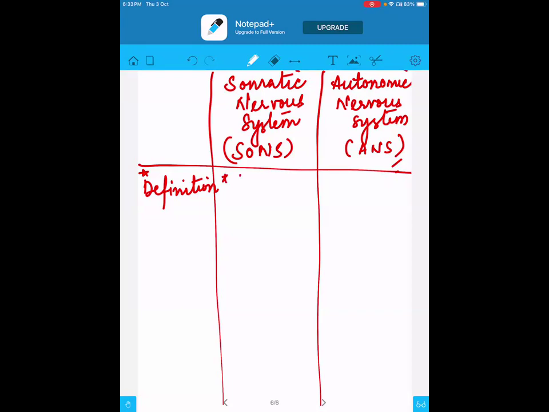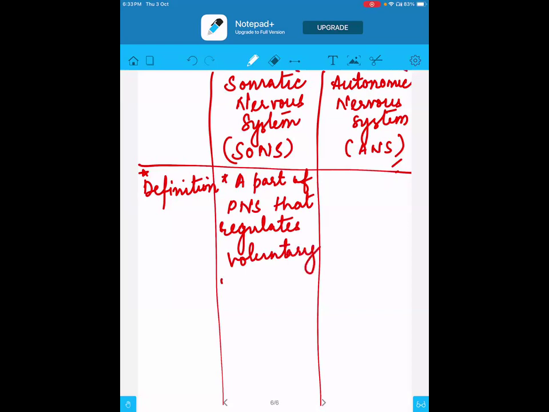So the somatic nervous system is a part of the PNS, the peripheral nervous system, that regulates voluntary movement of skeletal muscles.